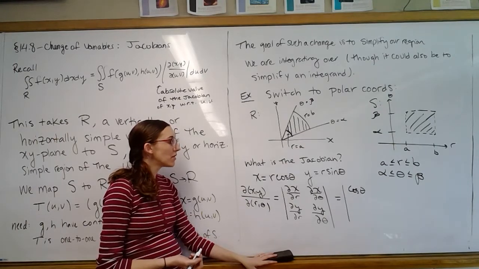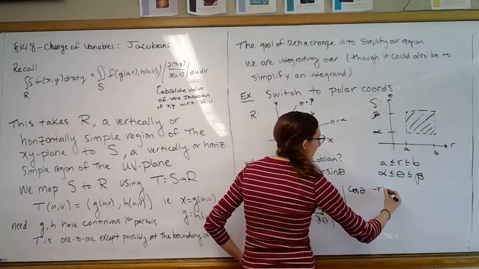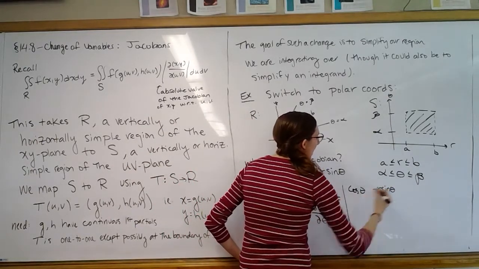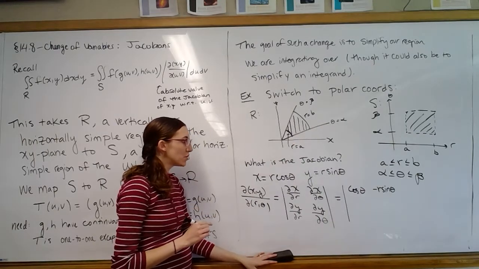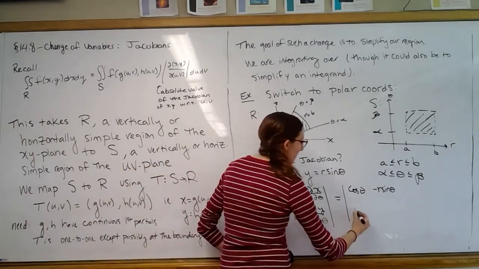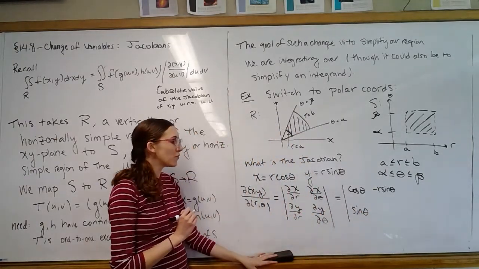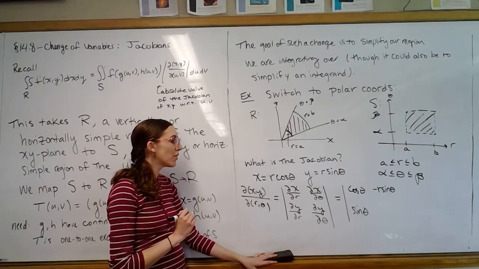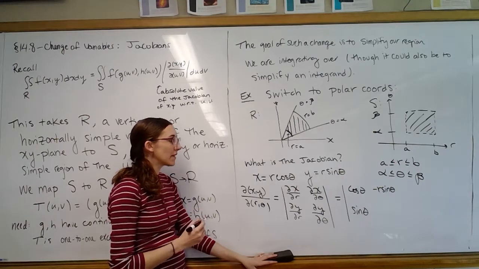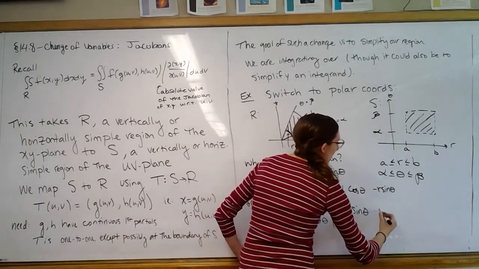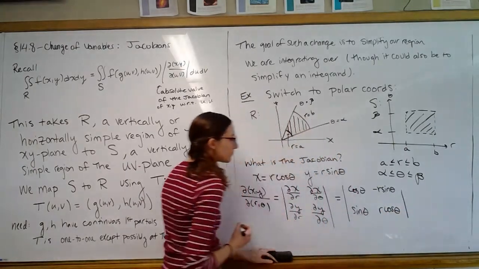The derivative of cosine theta is negative sine theta, so we get negative r sine theta. And then the partial of y with respect to r will be sine theta. And the partial of y with respect to theta, we keep the r, and the derivative of sine theta is cosine theta, so we've got r cosine theta.